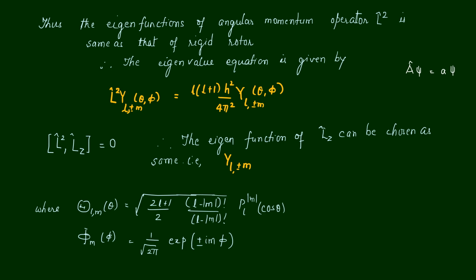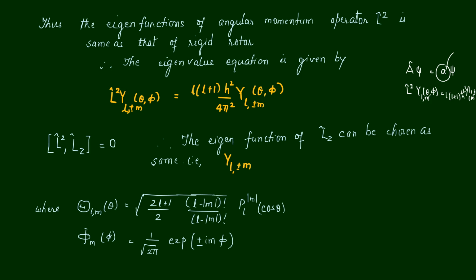So here the operator is the L square operator, and the function is the spherical harmonics. This is equal to the same Y_Lm(theta, phi) spherical harmonics, and this gives the eigenvalue, and we have seen that the eigenvalue for L square is L(L+1) h cross square.